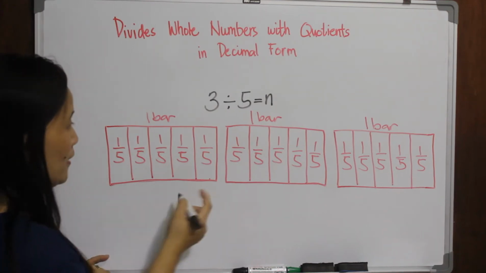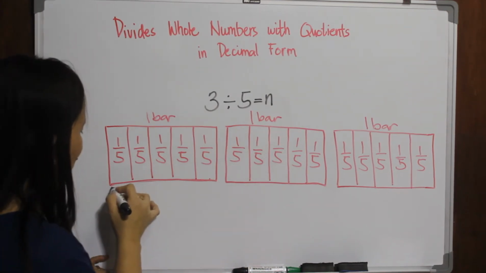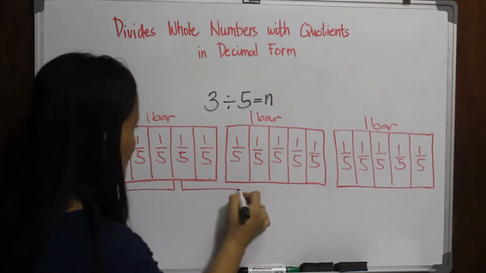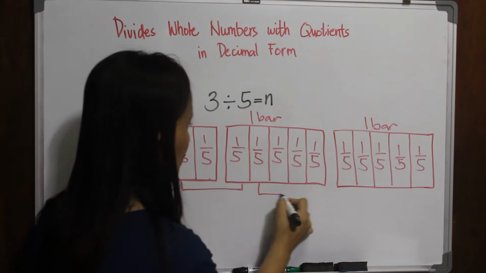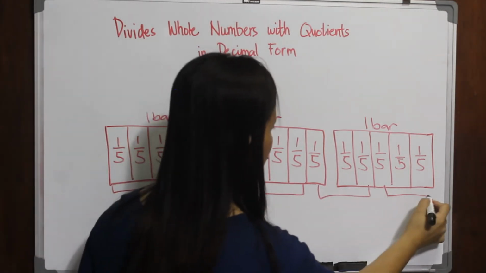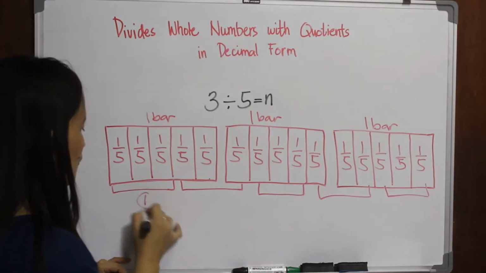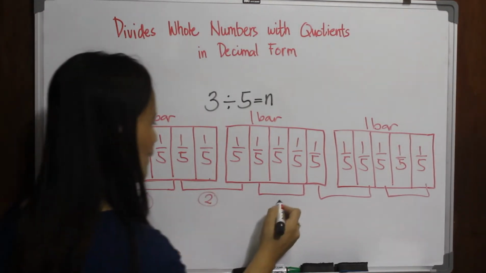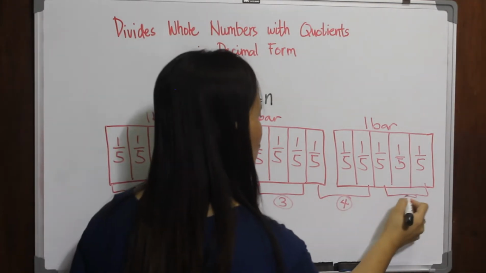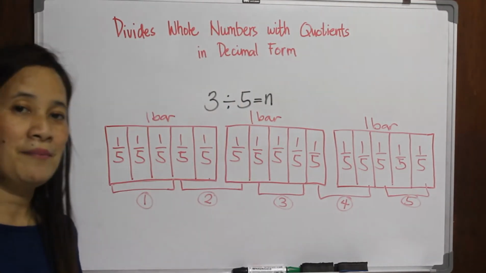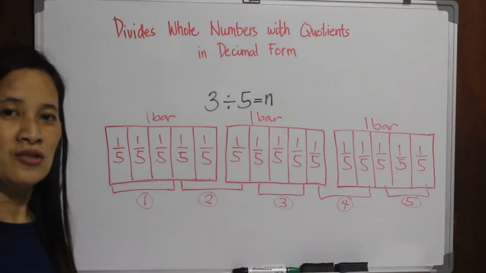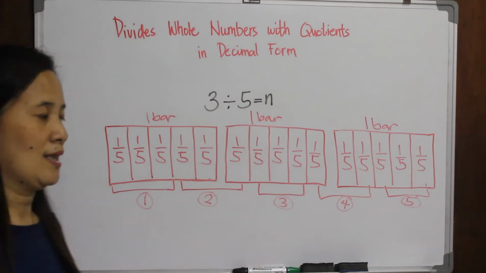Since 5 yan, ibig sabihin, bawat isang kaibigan niya, tatanggap ng 3/5 bars of chocolate. So, one friend, pangalawang friend, pangatlong friend, pang-apat, at yung kanyang pang-5 friend. Each one of them will receive 3/5 of her chocolate.